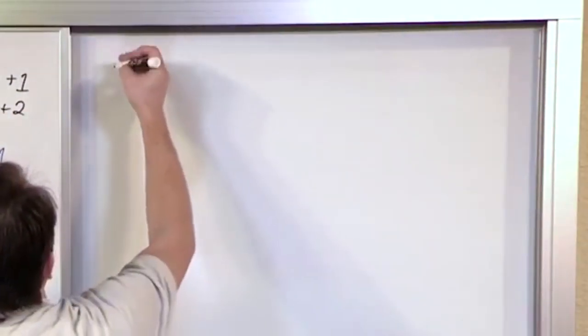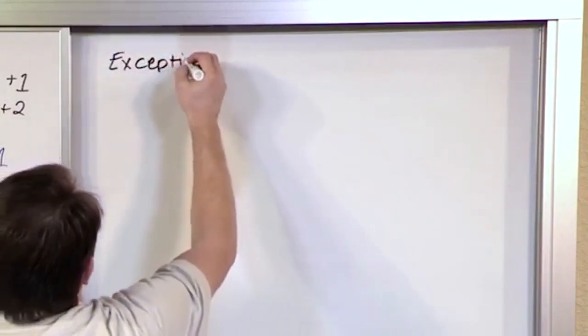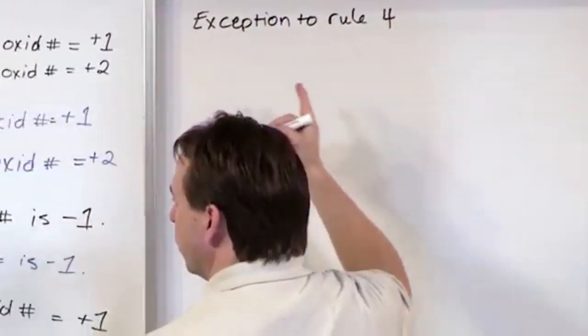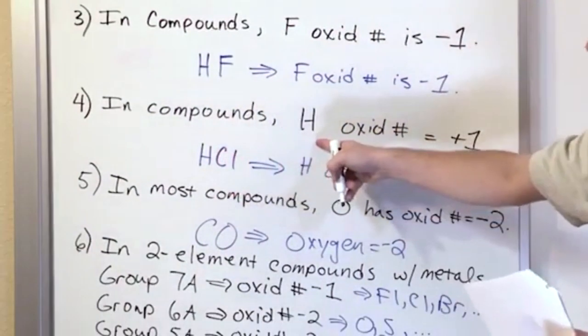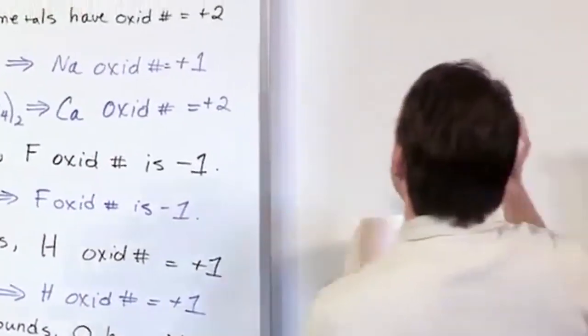So this is an exception to rule number 4. Rule number 4 is the one that talks about hydrogen, saying the oxidation number in compounds with hydrogen is +1.